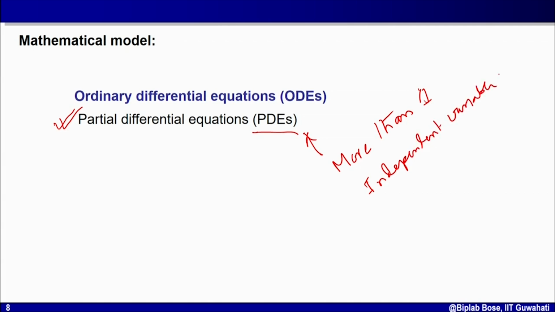For example, suppose you want to simulate movement of protein on a cell surface. So with time, the molecules are moving. So time is changing, and also the position of the molecules is changing.